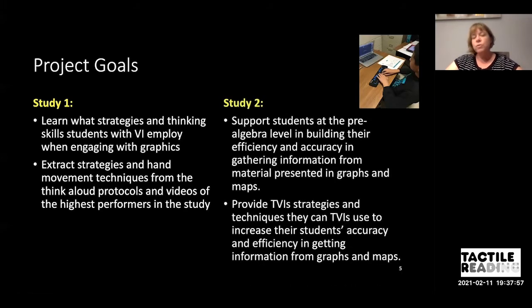And in study two, the goals were to support students at the pre-algebra level in building their efficiency and accuracy in gathering information from material presented in the graphs and maps, and to provide teachers of the visually impaired strategies and techniques they could use to work with their students in developing this accuracy and efficiency.